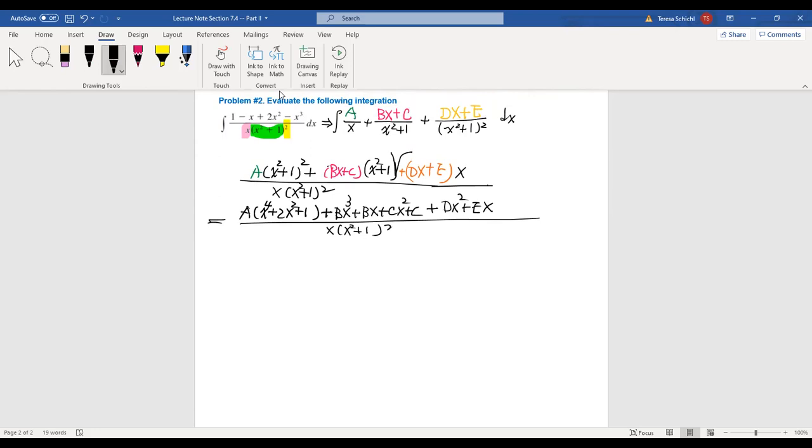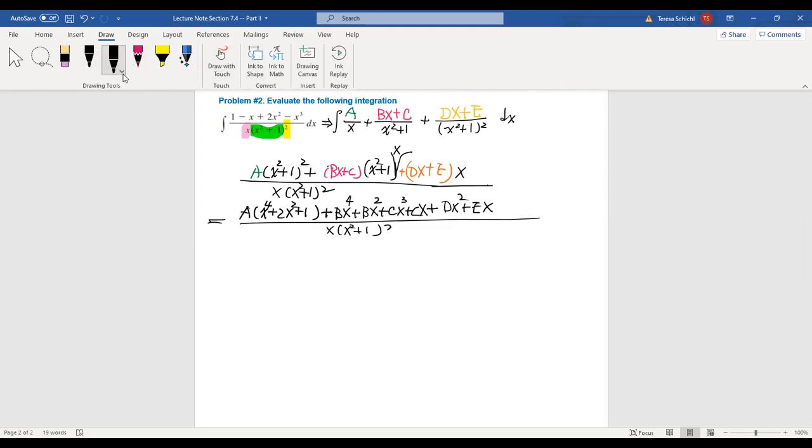This one, the common denominator is times x. All right, so here I will have x to the fourth, bx squared, and cx cubed and cx. All right, so hope that we do not make any other mistake.